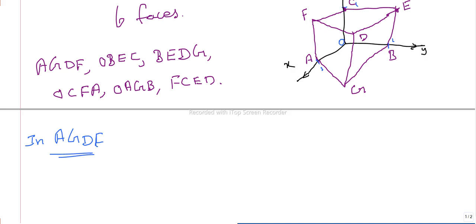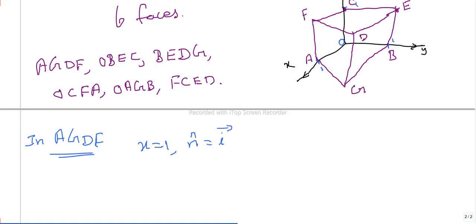So that unit vector should be the i vector. So here x equals 1 and the n unit vector is the i vector, because we are seeing this face.